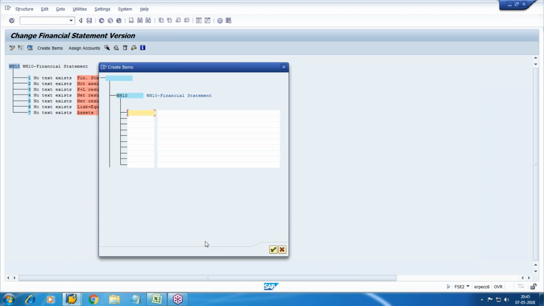So let's say what I will take balance sheet items. Then income statement. Okay, undistributed or unassigned account.